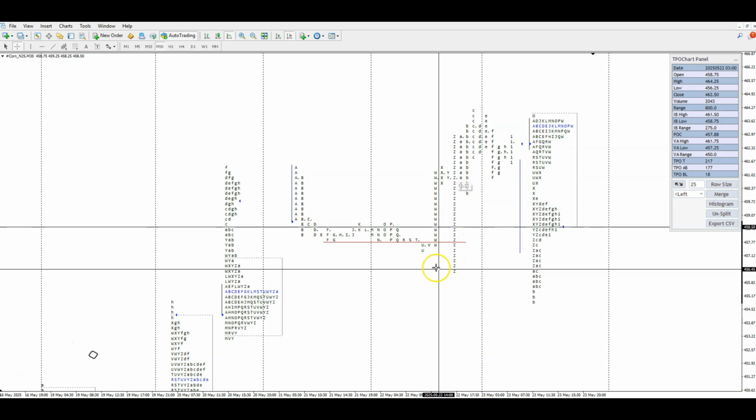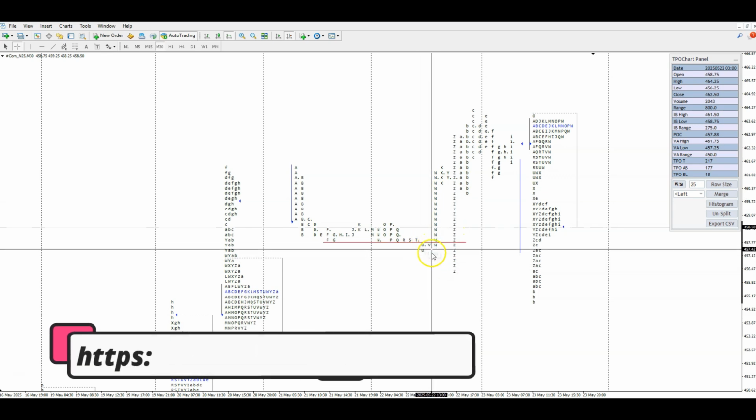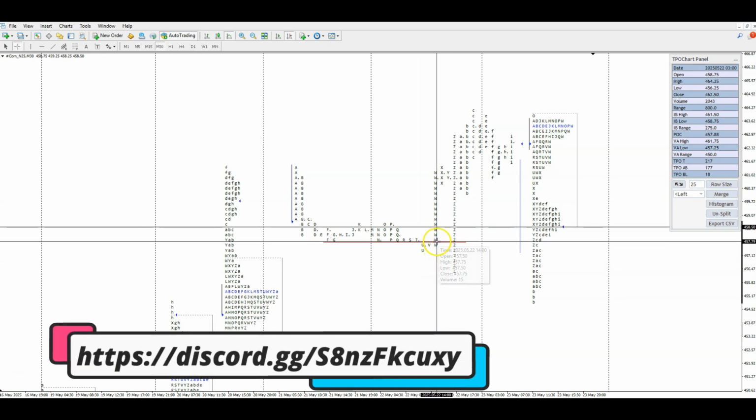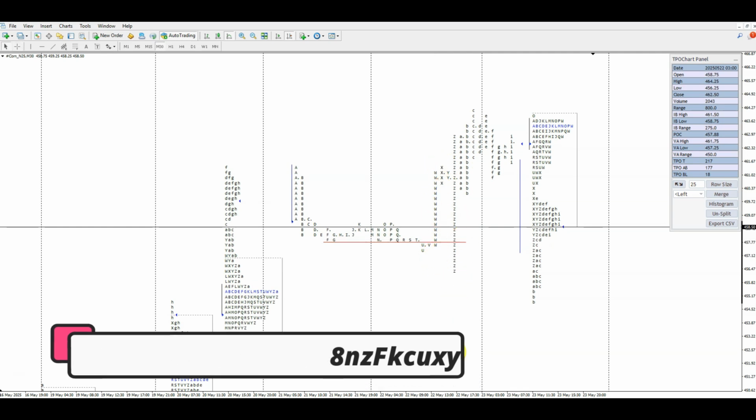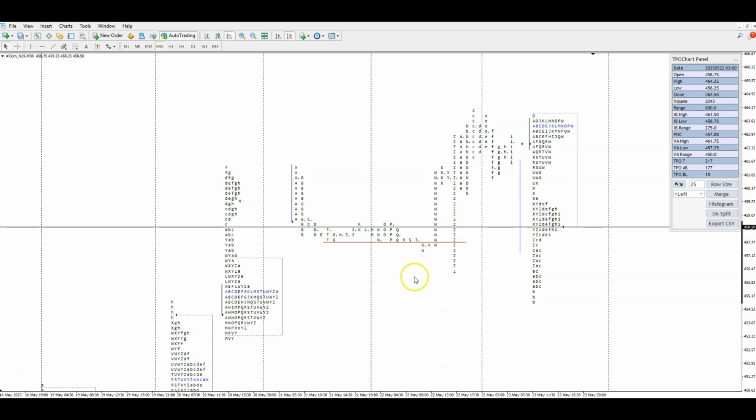So initially, we trade the liquidity down here in U period, and then in W period, we pop up. That was about a 3.5 point move, right? It's a decent move. If you had a 1 point stop, you already made some good money. And that's looking at the liquidity concept.